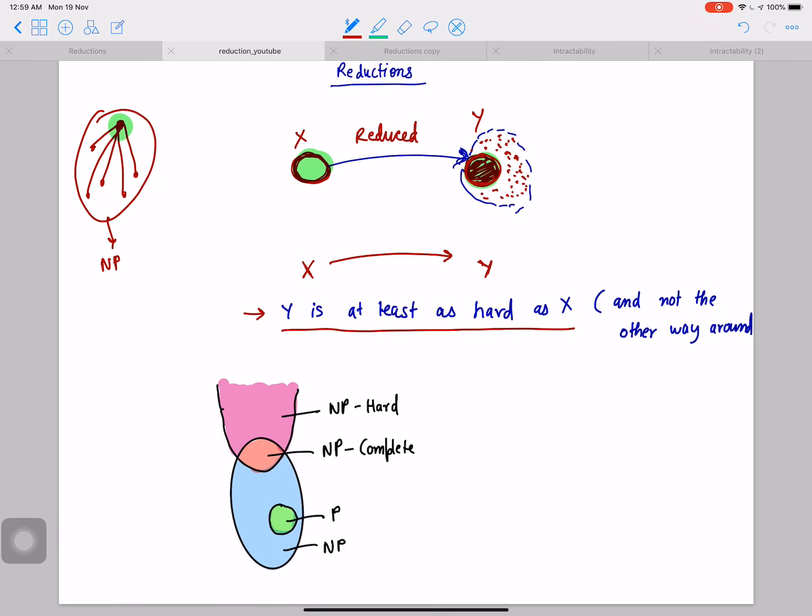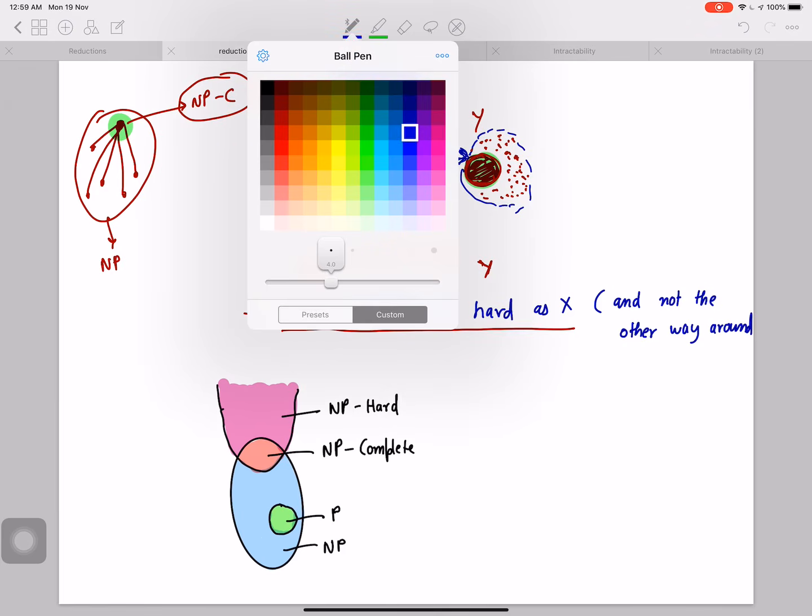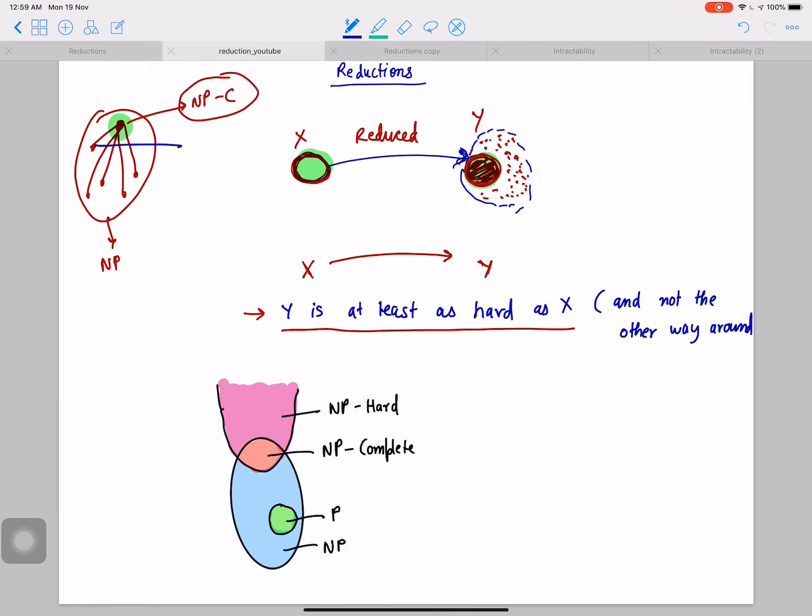Okay, so that problem is called an NP complete problem. So a group of all the problems forms the complete class called the NP complete class. And if this reduction happens outside NP, then these problems are called NP hard.